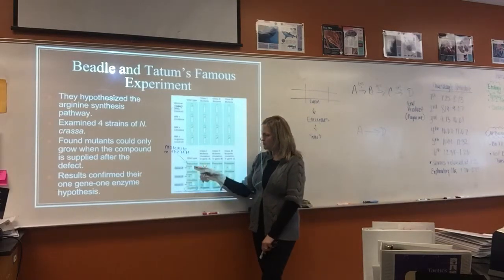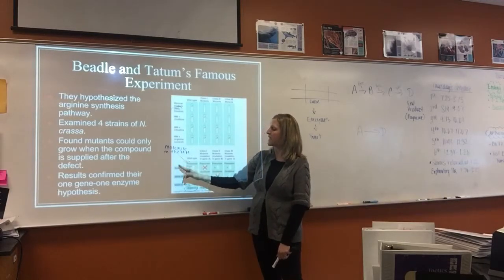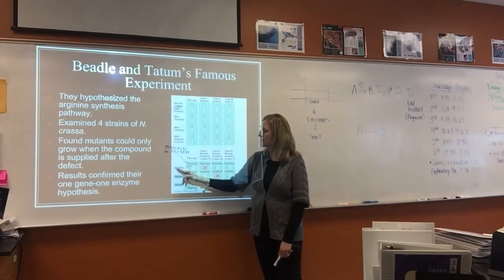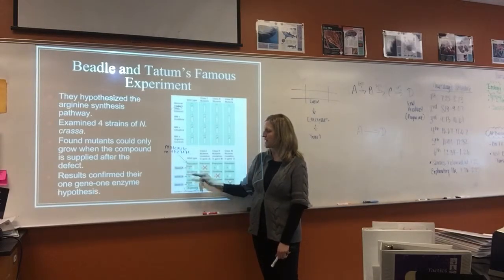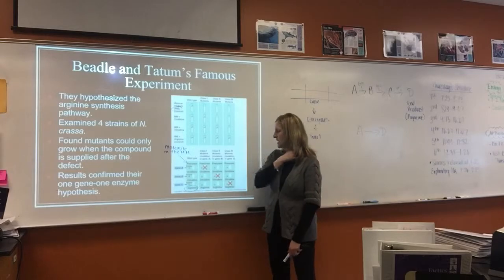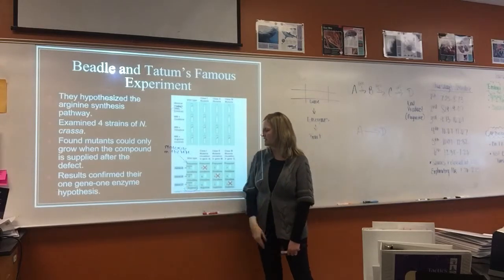So that's your pathway. Each step in the pathway is catalyzed by a different enzyme, so enzyme A, B, and C. And what they were hypothesizing is that each of these enzymes was made by a different gene. So gene A made enzyme A, gene B made enzyme B, and gene C made enzyme C.